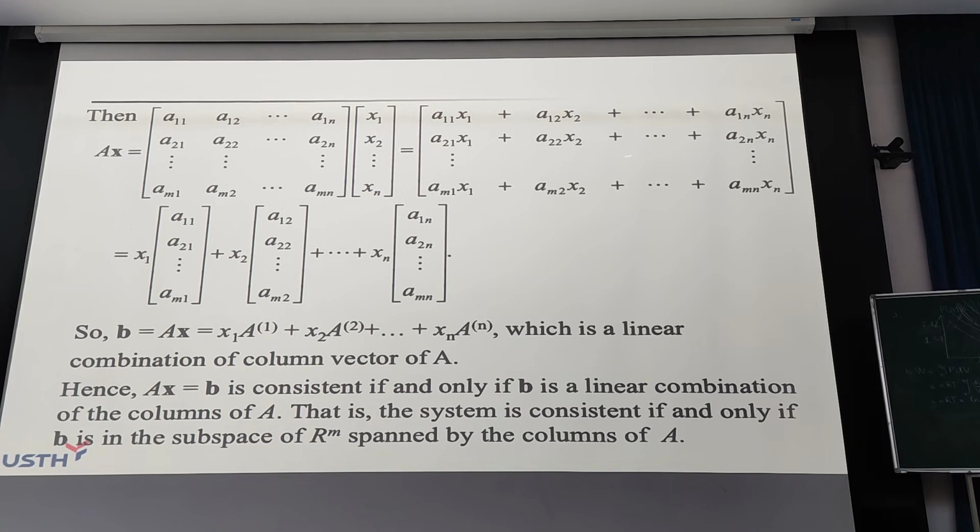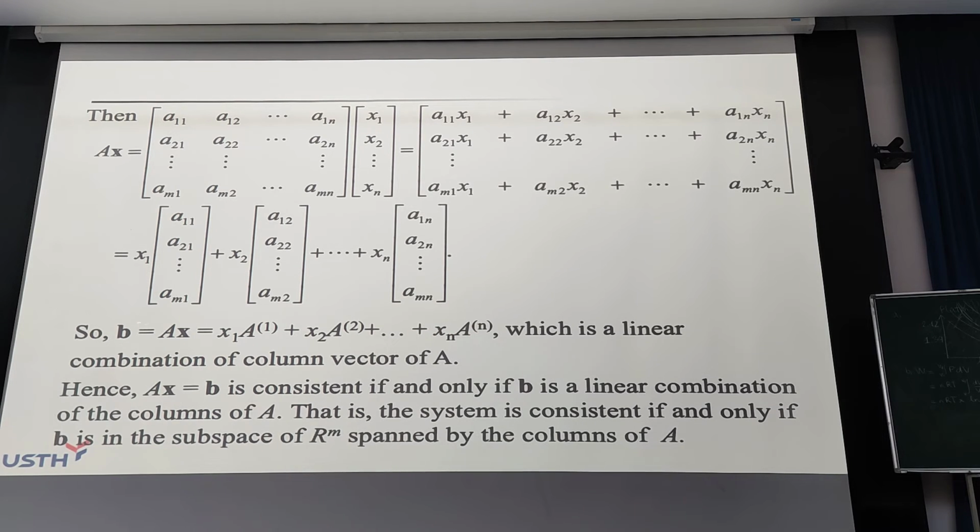If we multiply the two matrices A and X, we get that one. AX is that, or you can write it in columns. You will get X1 times the first column plus X2 times the second column plus Xn times the last column. Or B equals AX will be X1 times A1 plus X2 times A2 plus Xn times An.